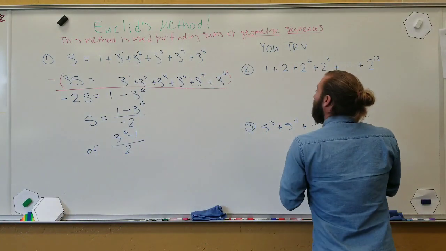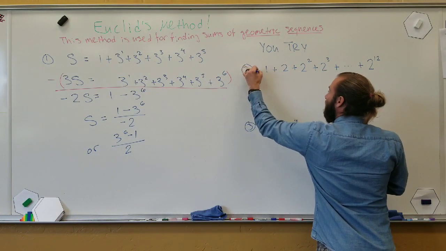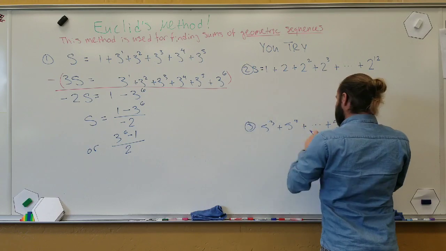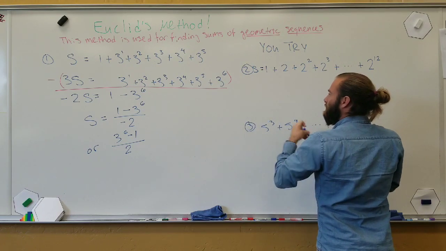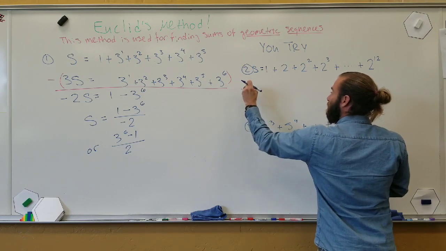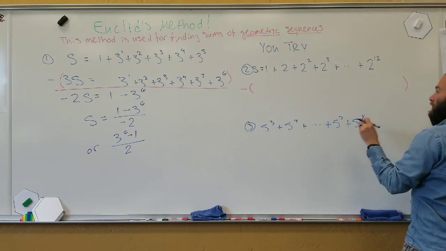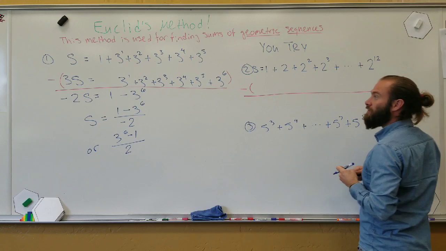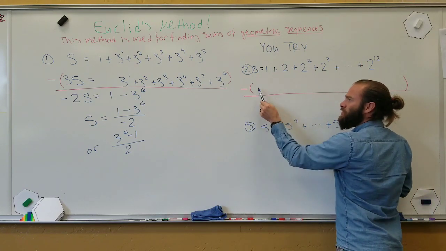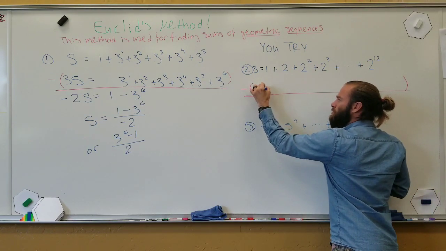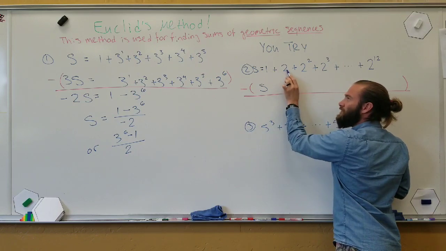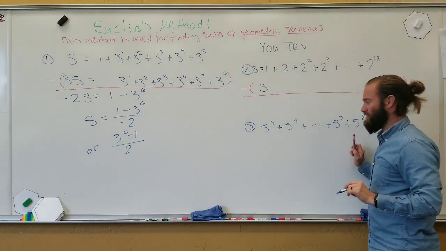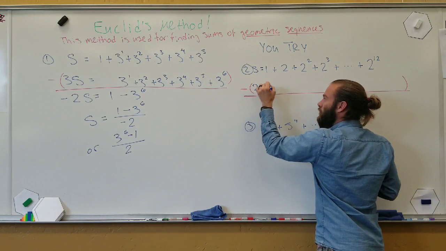Same deal. We're going to call this guy S, and then we're going to subtract off a whole bunch of stuff and go from there. Remember, I said you're going to subtract off a multiple of S, and that should be whatever the base is, because that's how this all works out.